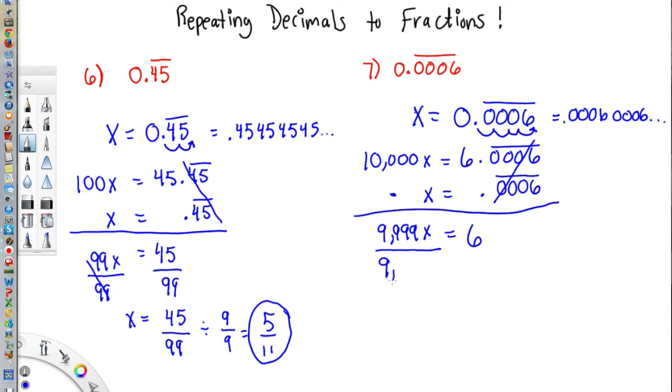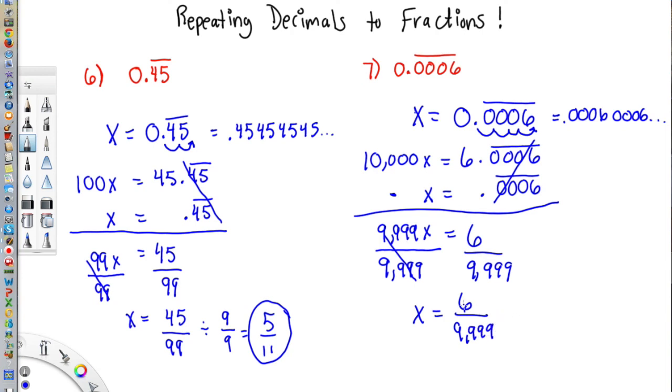So I divide this side by 9,999, and I do the same thing to this side over here, 9,999. I'm making an equivalent. And when I'm done, I'm left with x is equal to 6 over 9,999. That's a mouthful.